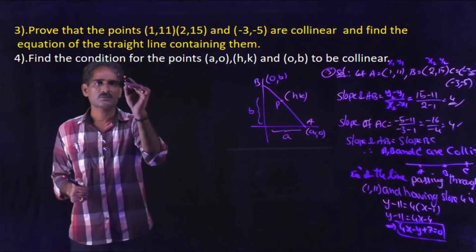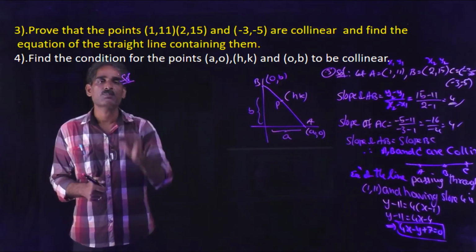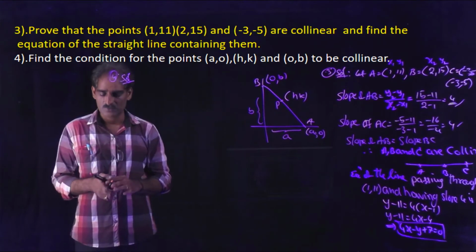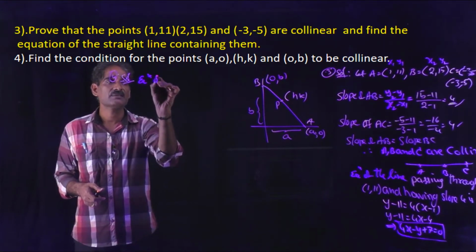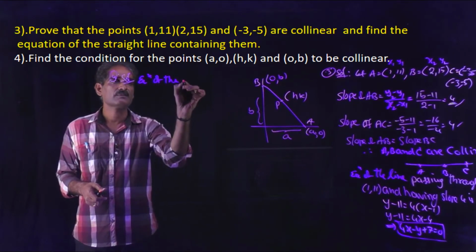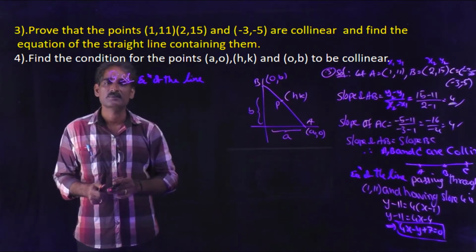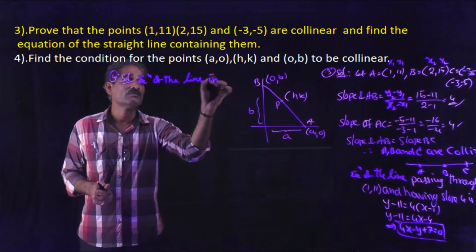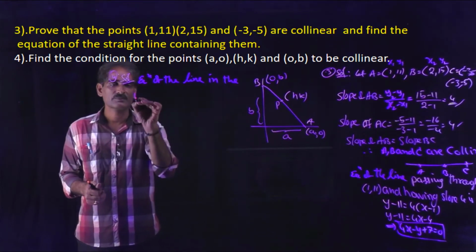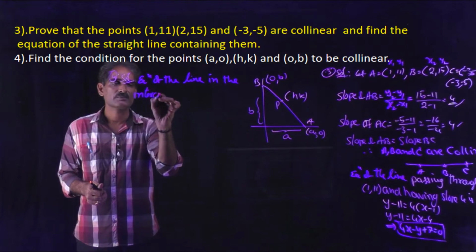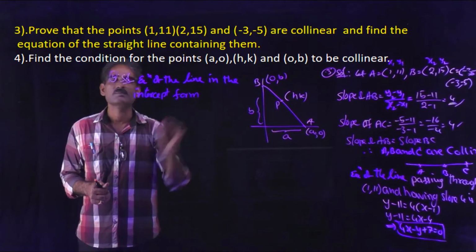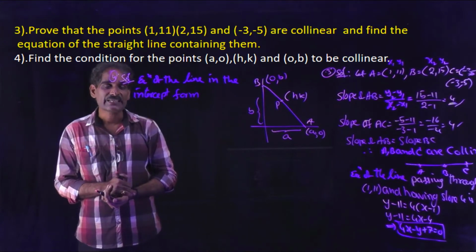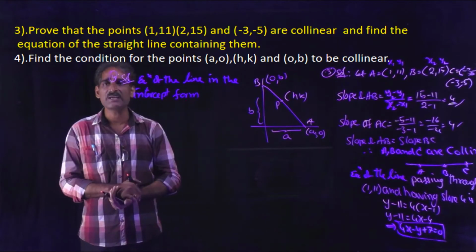Understand? Solution for the problem. Equation of the line in the intercept form is x by a plus y by b equal to 1. Here x-intercept is a, y-intercept is b.